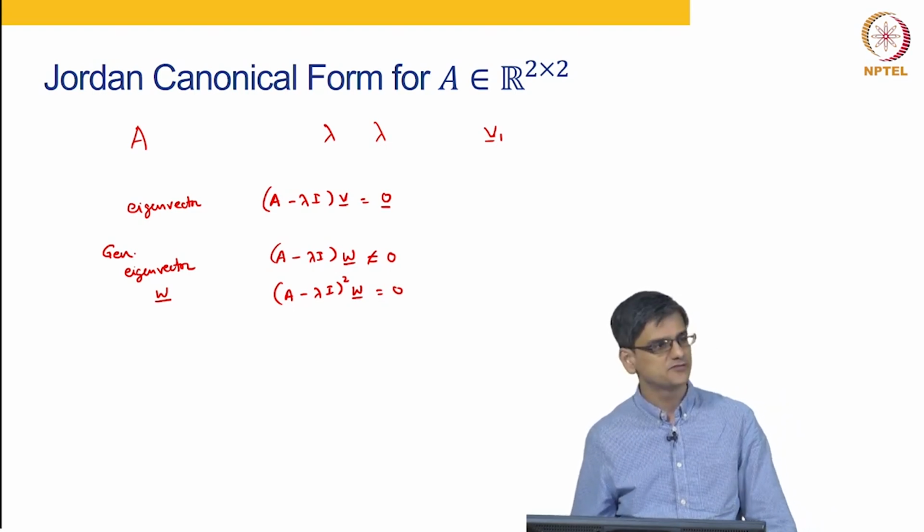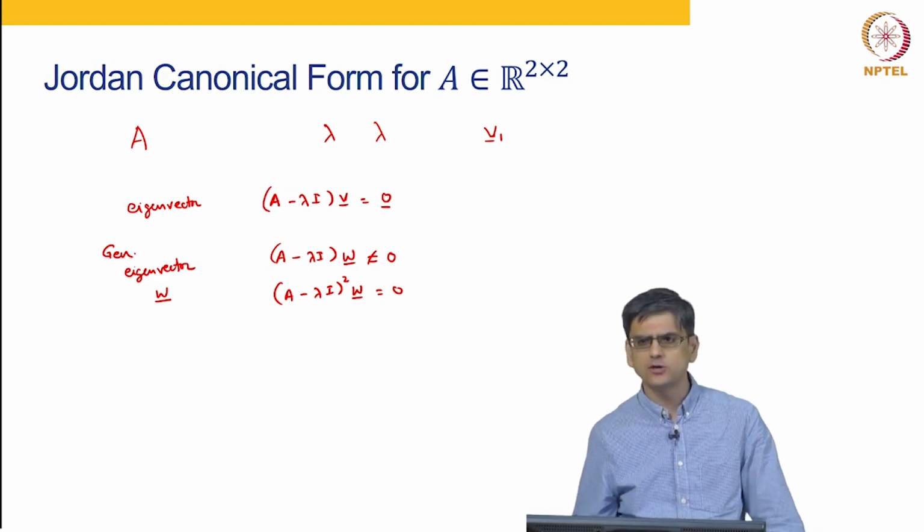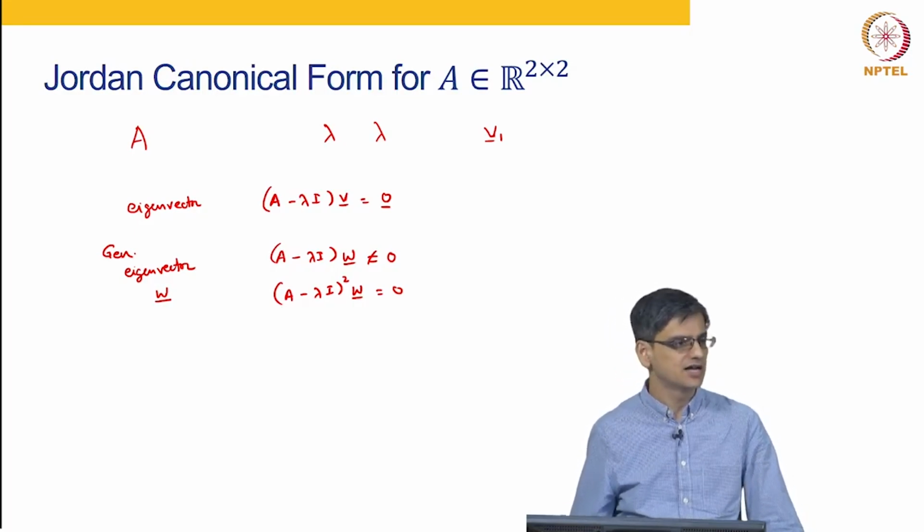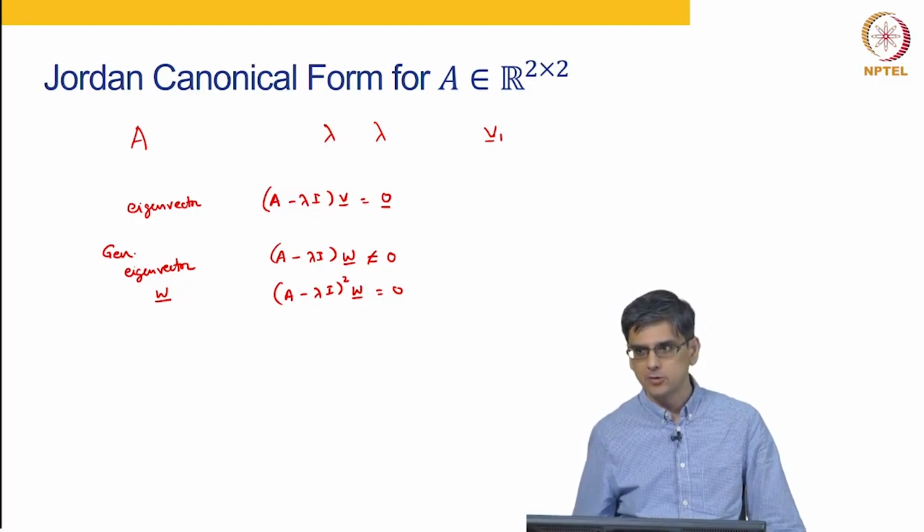This is the definition of generalized eigenvector. I do not want you to really use it to get anything, okay. You will use the EIG command in MATLAB to do all of this, okay.